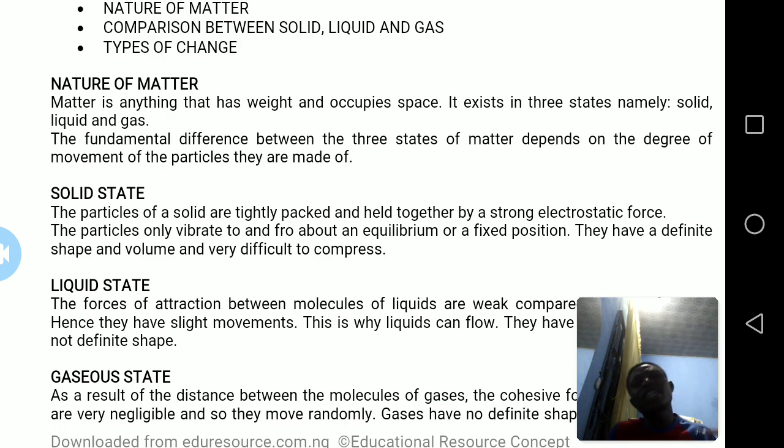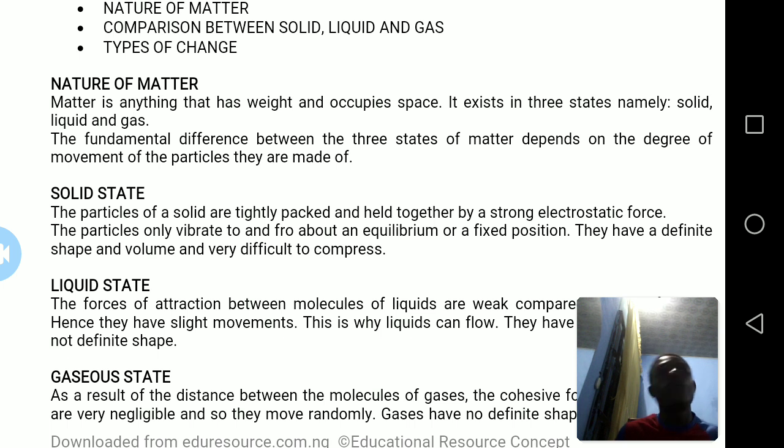An electrostatic force is a force produced where electric charges bring about the attraction or repelling of electric charges. What I mean here is that there are certain electric connections or charges that repel, and there are some that attract.